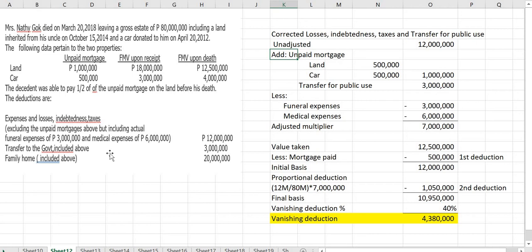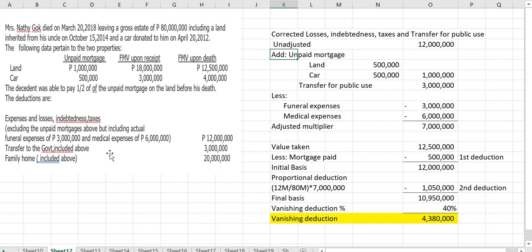Next, we have here another illustration, but particularly with a resident citizen or RC or NRC. So Mrs. Tatigo died in March 2018, leaving a gross estate of 80 million, including a land inherited from her uncle on October 15, 2014, and a car donated to her in April 2012. The following data pertain to the two properties. We have data for the land and for the car.